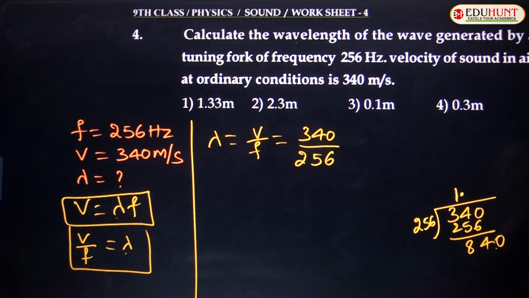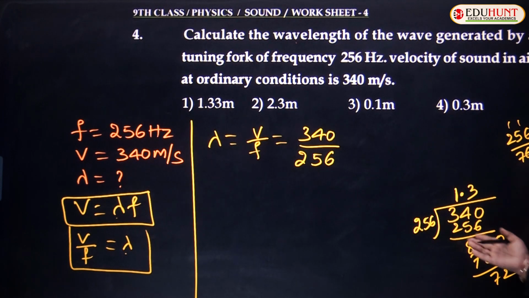So 256 when multiplied by 3 times, how much are you getting? 6 threes are 18, 768. So 3 times you are getting 768. The remainder is 2, and 772. So for further simplification, you can have a 0 here.